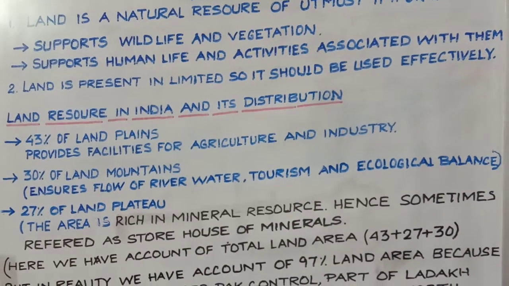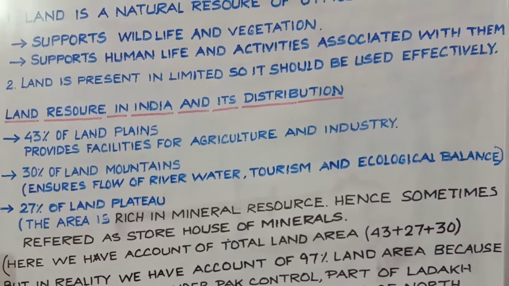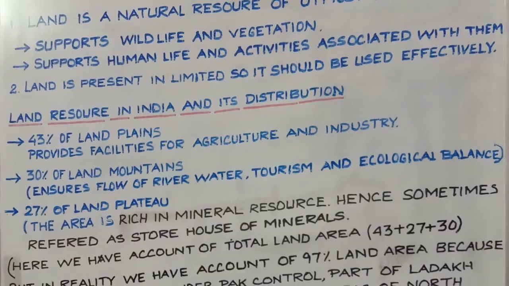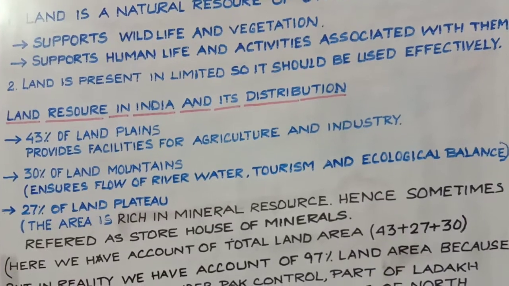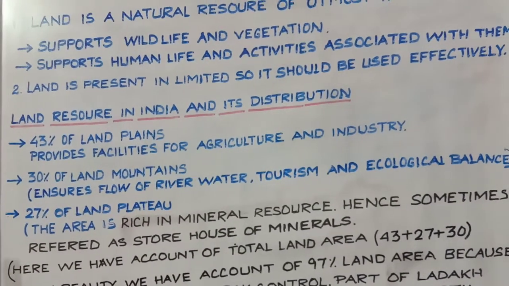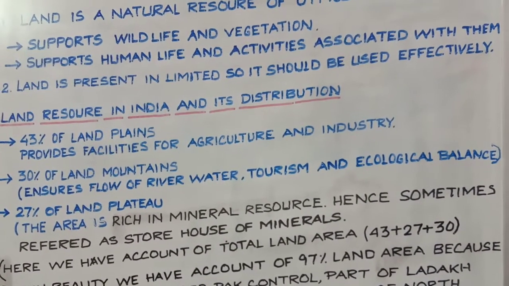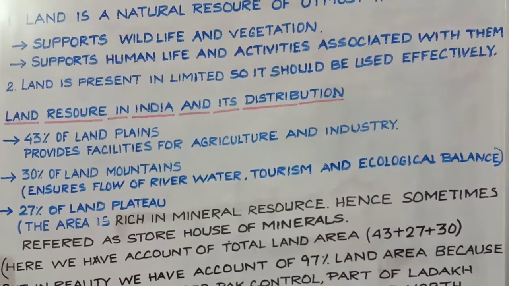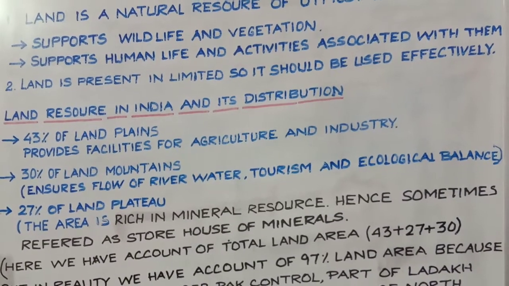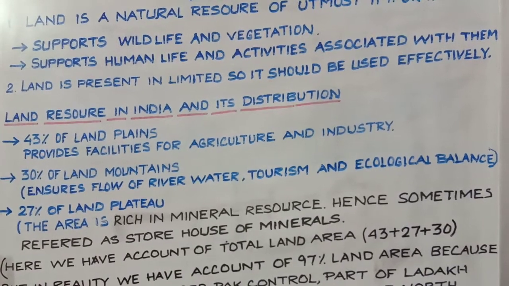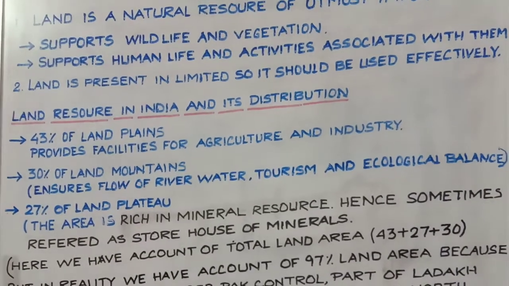Not only agriculture and industry, it is also important for residential purpose. The areas of Punjab, Haryana, Uttar Pradesh, West Bengal, Bihar, Jharkhand, Assam, and parts of Madhya Pradesh include this plain land. It is also known as the Northern Plain. Apart from it, the coastal plains, that is the Western Coastal Plain and the Eastern Coastal Plain, also lie in the plain area of India.